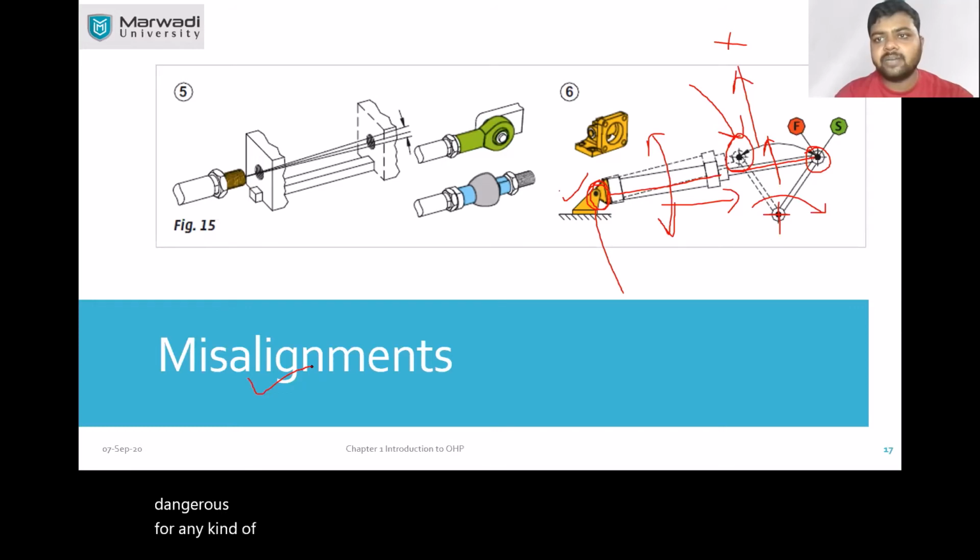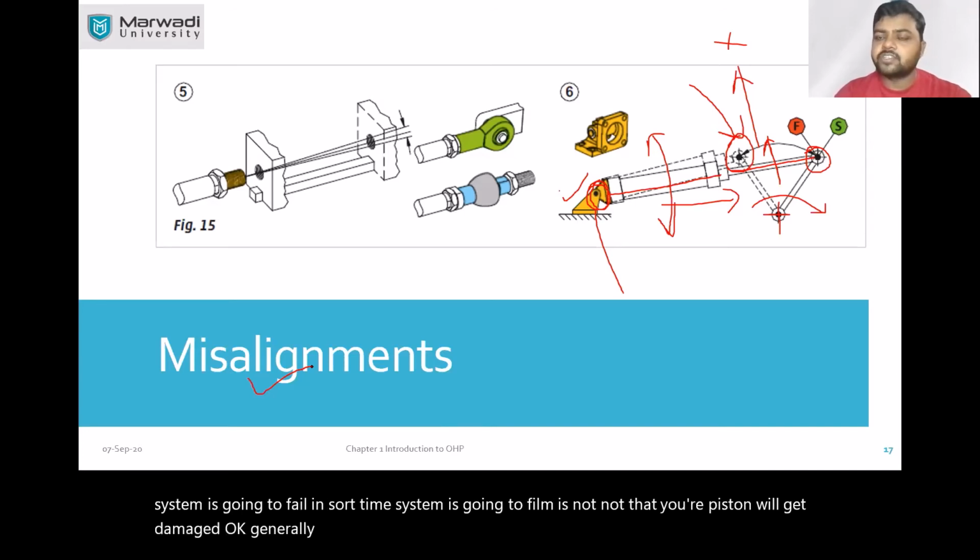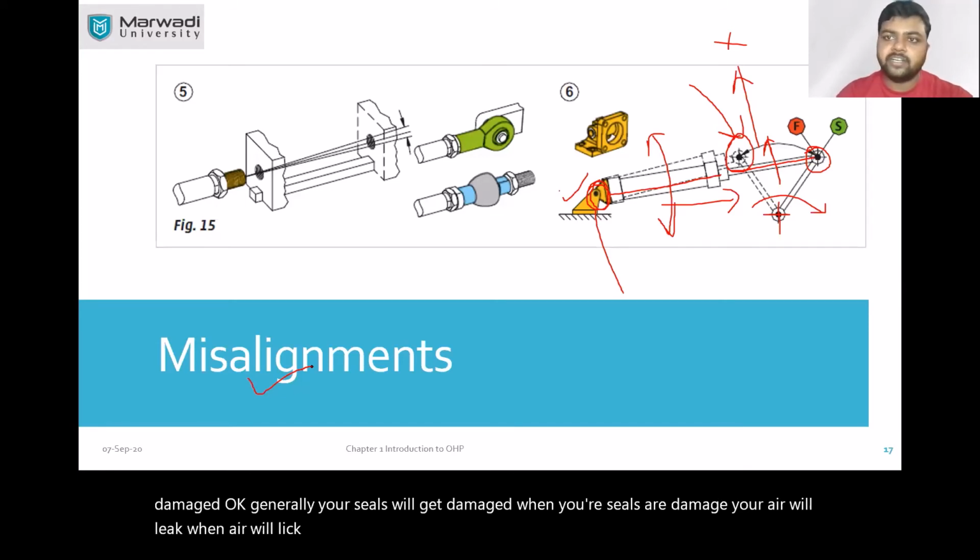If there is a misalignment, rest assured that your system is going to fail in a short time. System failure does not mean that your piston will get damaged; generally your seals will get damaged. When your seals are damaged, your air will leak, and when air leaks, your output will decrease. Ultimately the performance of the entire system will be affected because of the misalignments.